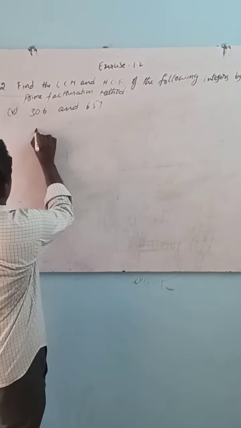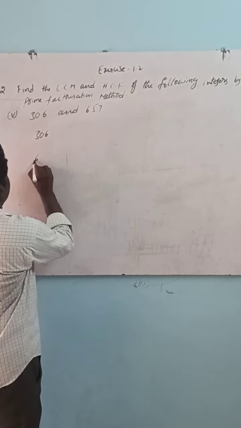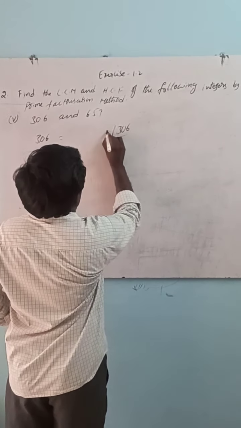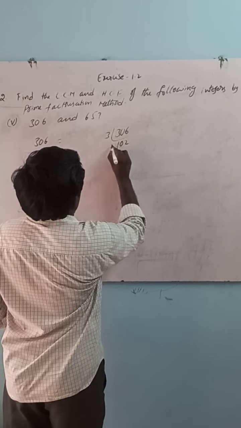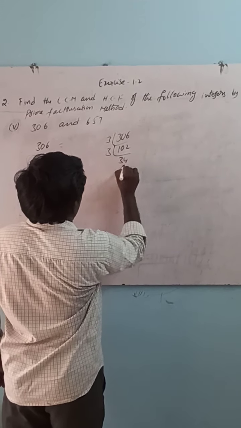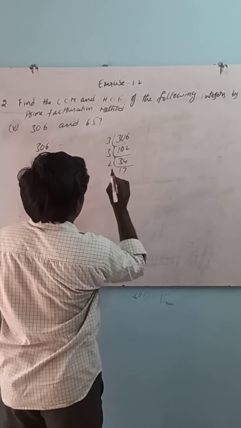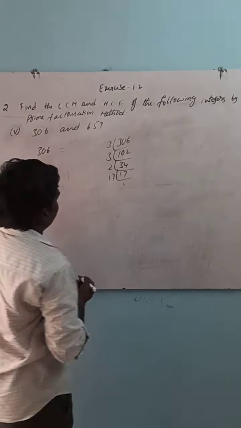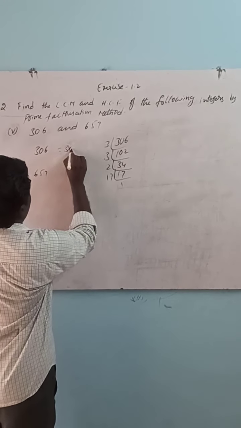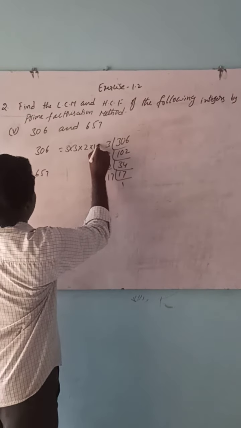Next, 306 and 657. So 306: 2 into 153, 3 into 51, 3 into 17, 17 into 1. Okay, so 306 we can write as 3 into 3 into 2 into 17.